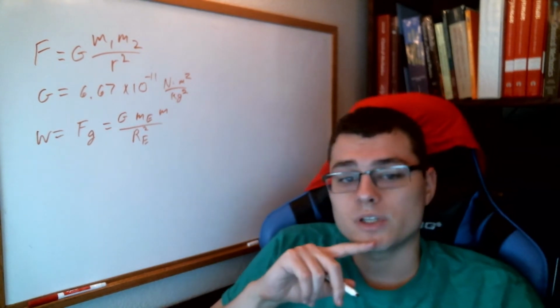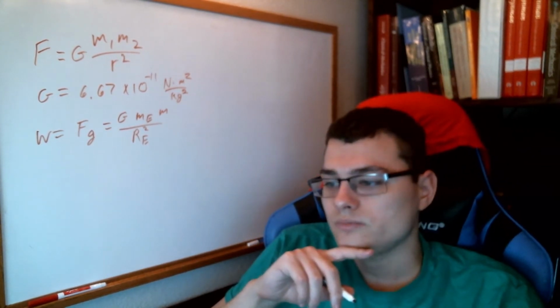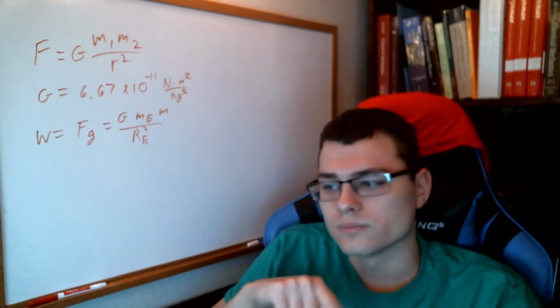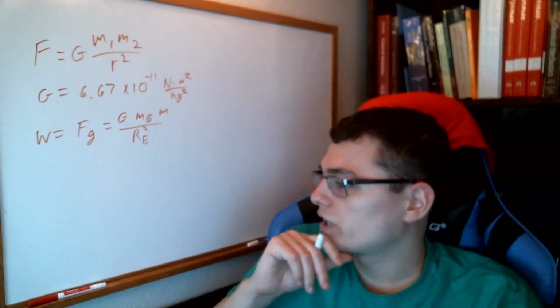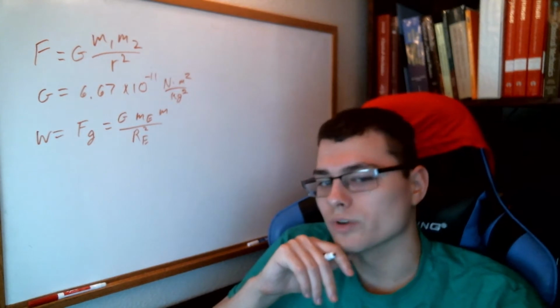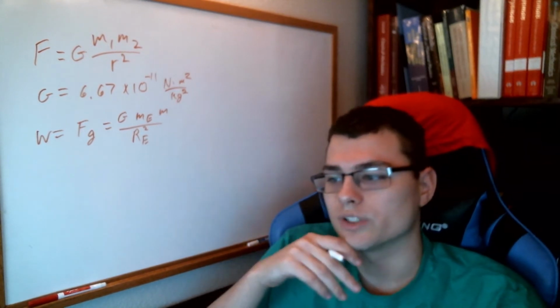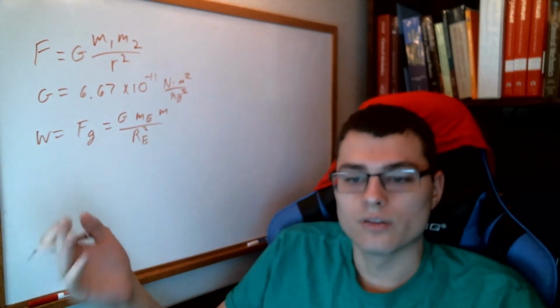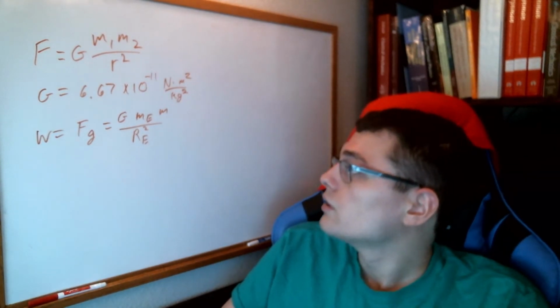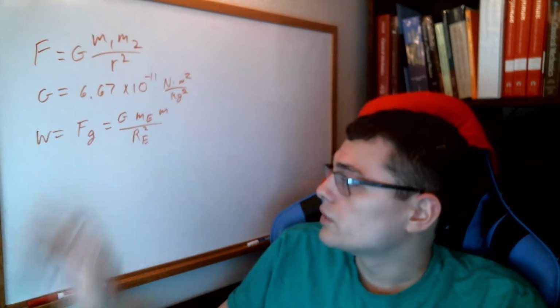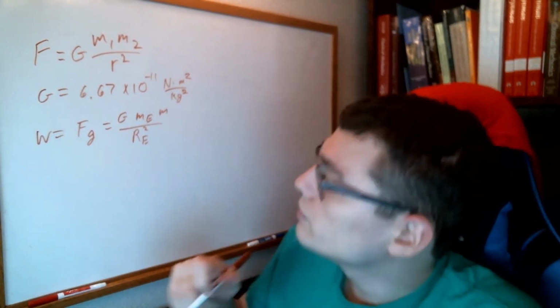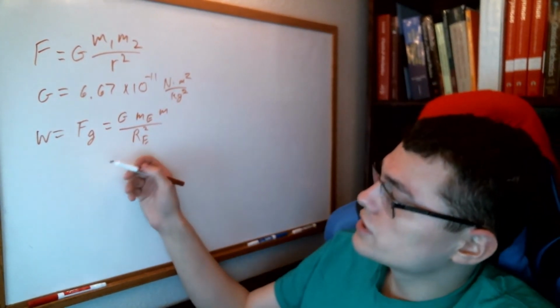What ends up happening is that the Earth is massive enough that when you're near Earth's surface, we don't actually have to account for how far you are from the surface, because the radius is so large.